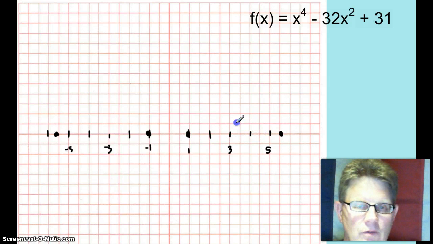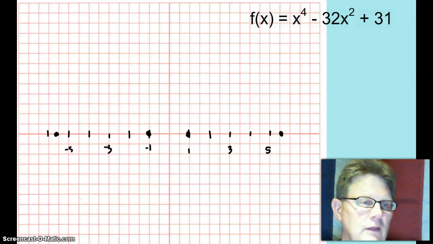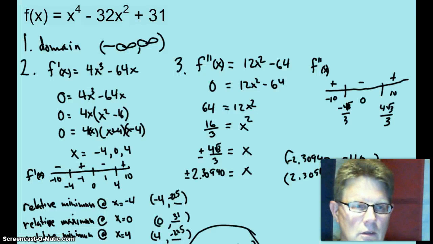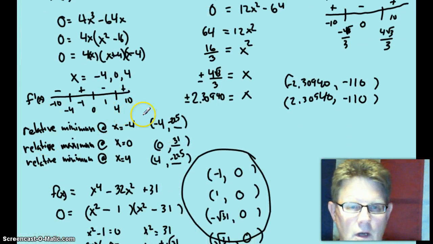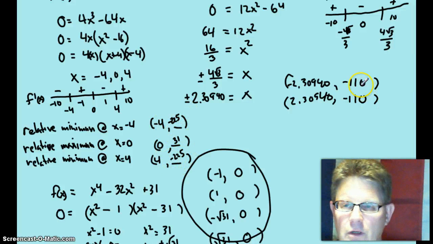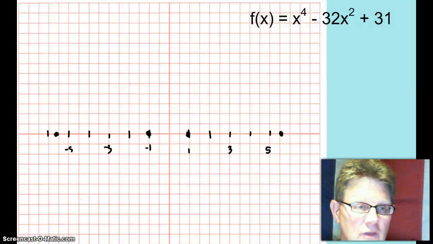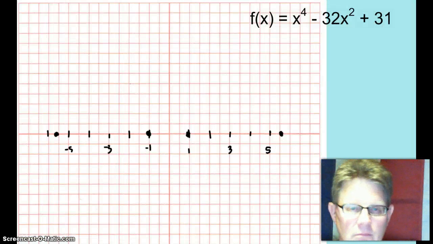All right, now the other points, the relative extrema, let's see what those are. We got to go down to negative 225, go up to 31, and then the points of inflection we got to go down to 110. So what do you think we're going to make on a scale here?